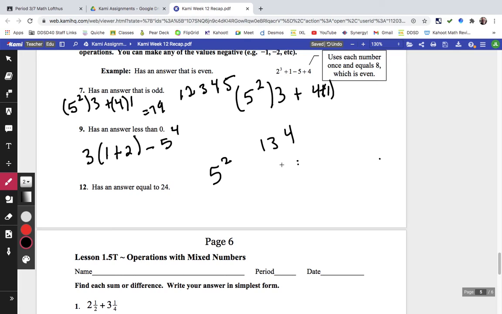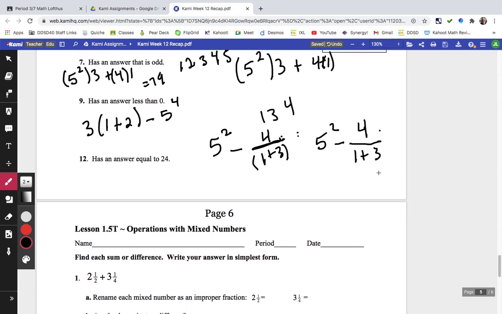So we're going to subtract 4 divided by a long line, 1 plus 3, so a division line. So that subtracts 1, and we get 24. So again, 5 squared minus 4 with a fraction bar and a 1 plus 3. We don't even need those parentheses. And we use subtraction, addition, and we have our exponents.